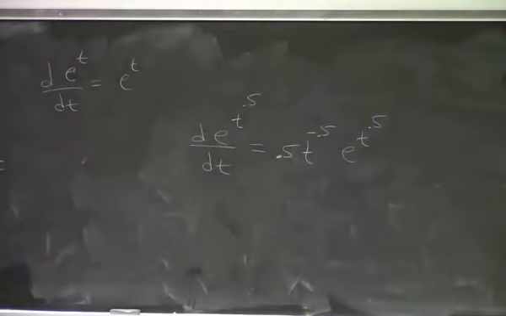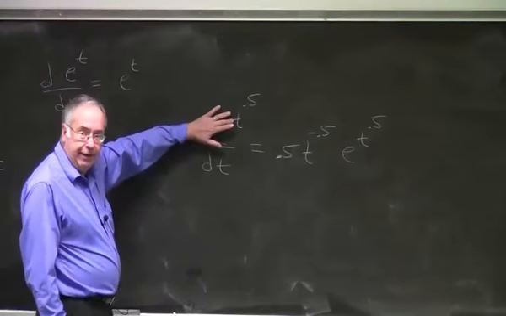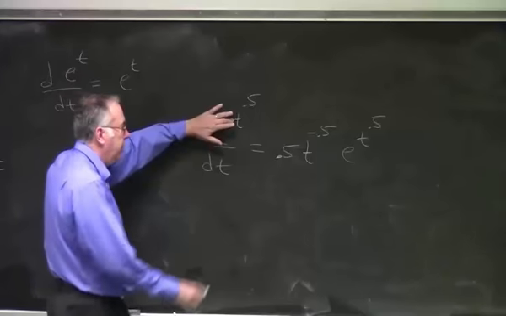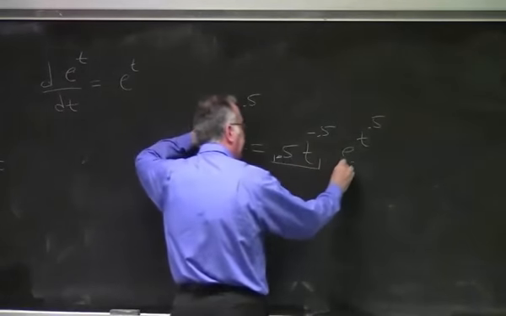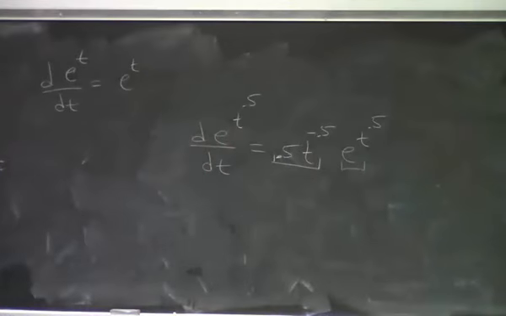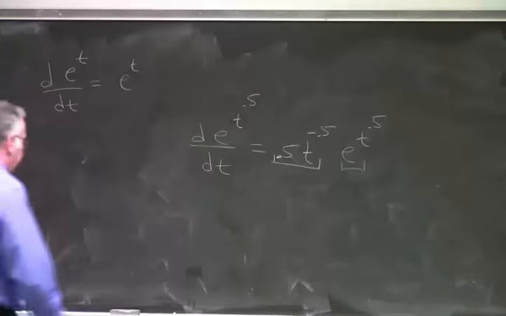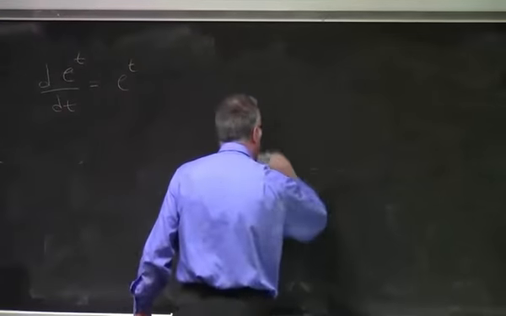In this case, f of t is just t to the 0.5. So here's your f prime of t times e to the f of t. You have to multiply that times e to the f of t. Well, that's the rule we're going to have to use to get the derivative of A with respect to time.